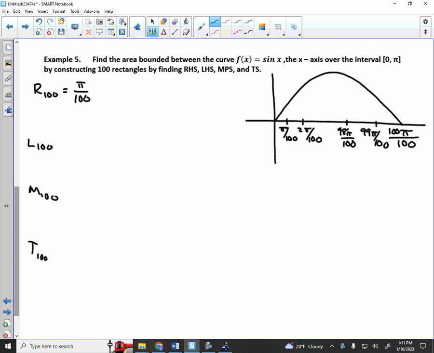It's time to let our calculator do some work for us. And here's the command that we type into our calculator.